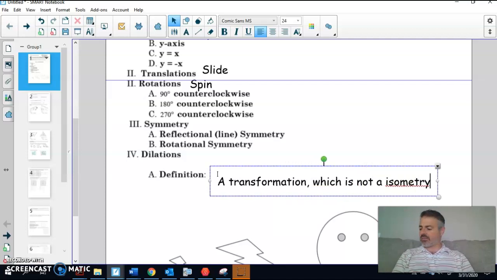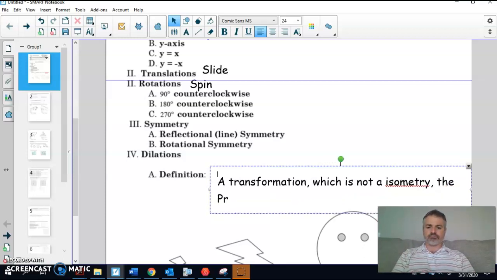The reason it's not an isometry is because the pre-image and image end up being similar to each other. Similar.